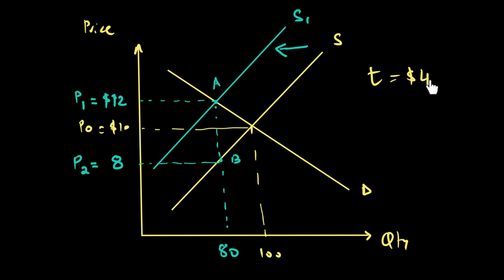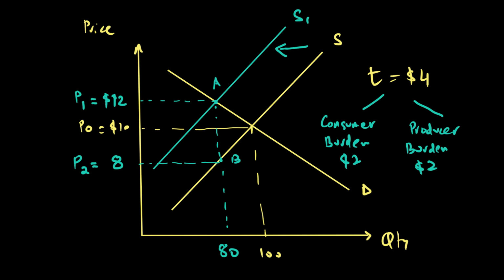Then the government takes away 4 from that, and the producer is left with only $8, which means the $4 tax is being paid by both consumers and producer, where the consumer burden or incidence is going to be $2, while the producer burden or incidence will also be $2.